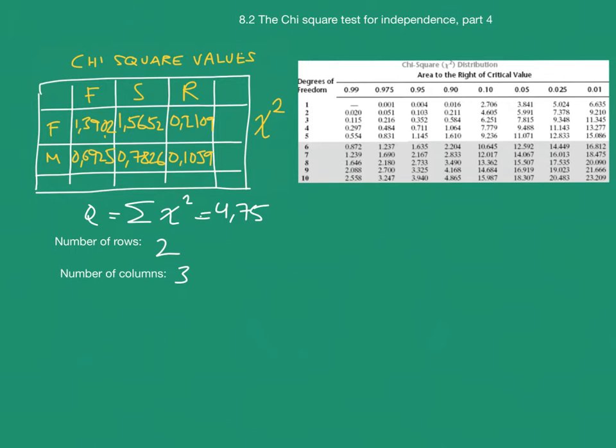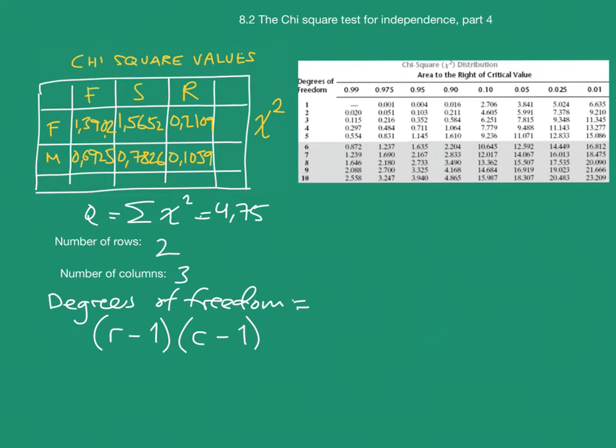And now we're going to work out something called the number of degrees of freedom. Every table has a certain number of degrees of freedom, and we find it by taking the number of rows, R for rows, minus 1, and multiplying that with the number of columns, minus 1.